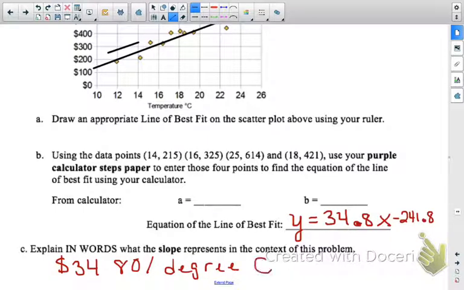But that's not good enough, what I just wrote. Now you've got to change that into a sentence. So I would say that for every 1 degree increase in temperature, this company makes $34.80 more for every 1 degree increase.